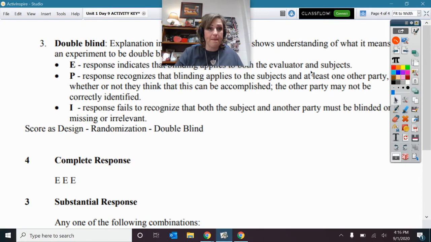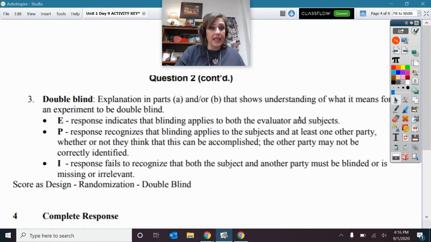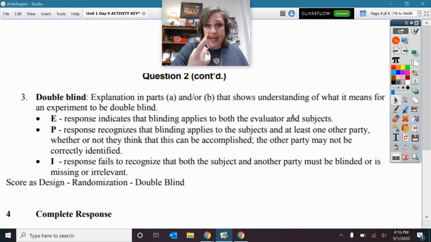Here it is. Okay, to get credit here, you had to include the explanation that you understand what it means in the experiment to be double blind. Okay, so E says the response indicates that blinding applies to both the evaluator and the subject. I'm surprised that they didn't put in context as a requirement here. This is a 2002 test.